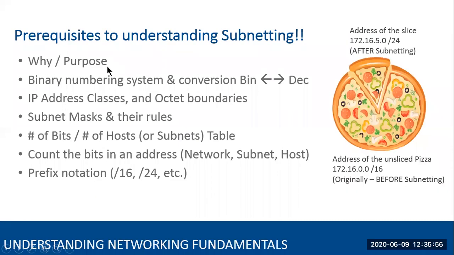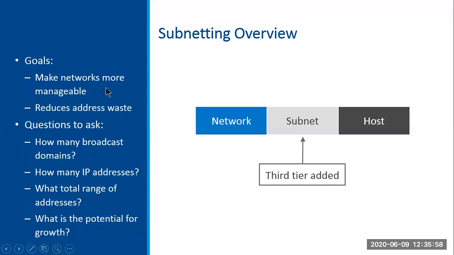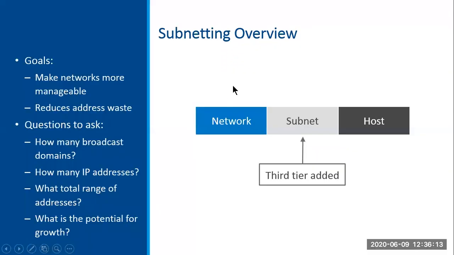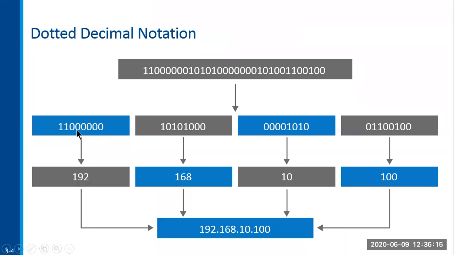That's what I just described, right? The goals are. You need to understand in a little bit more detail than I'm sharing here how it makes the network more manageable and how it reduces address wastage. So that's the first thing. Second is the binary numbering system and conversion. You and I need to be able to convert this binary string to 192 back and forth.